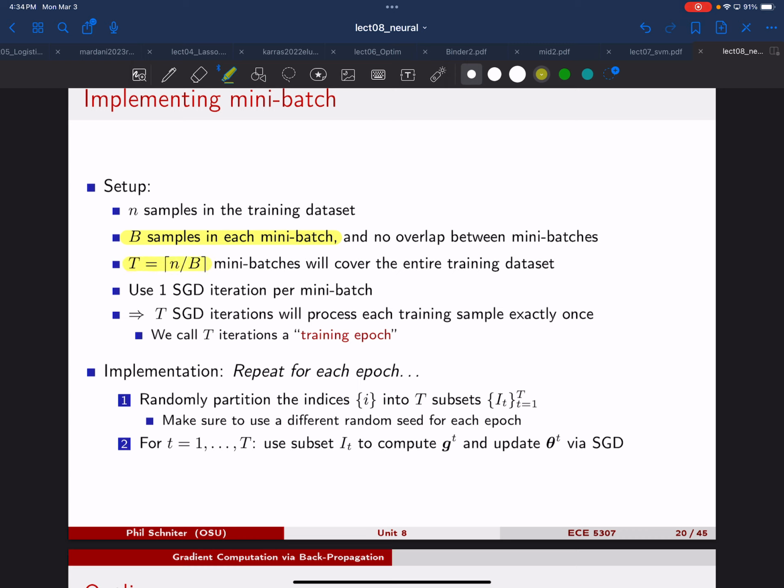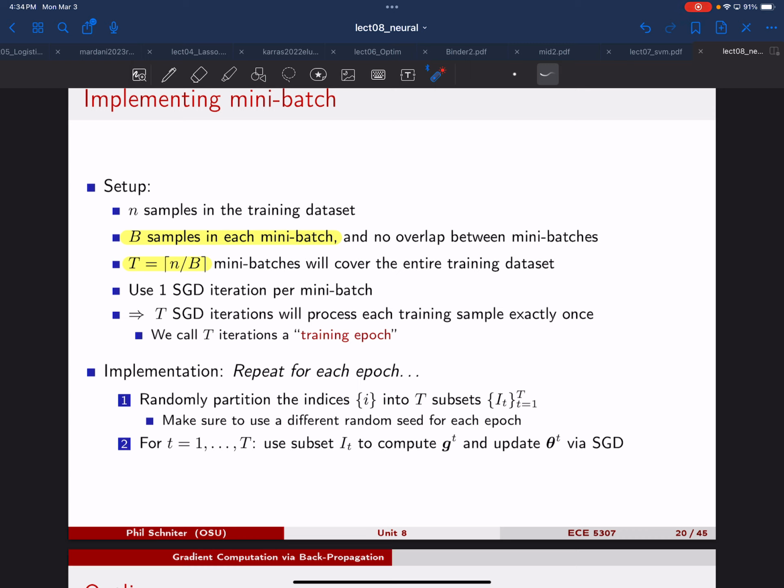So that's going to be n divided by b, but maybe n is not perfectly divisible by b, so you're going to have to round up. So that's what these ceiling operators are for. And so it could be that very last mini batch will not have a full b samples. It might be a little bit smaller than b. Because if n is perfectly divisible by b, then all the mini batches will be exactly the same size. But if not, the last one will be a little bit smaller, and that's just how it is.